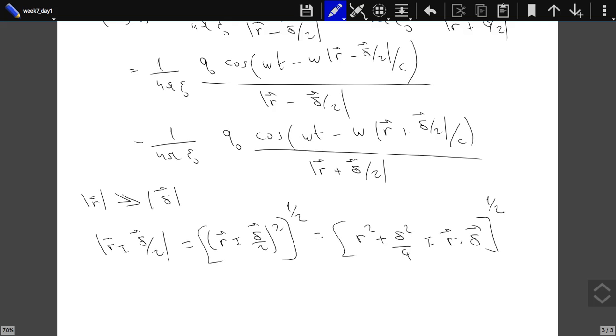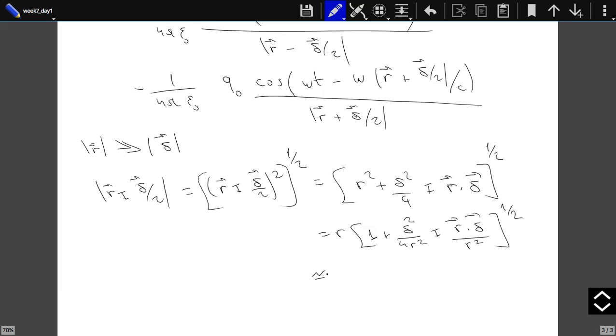And keep in mind that delta is very small compared to R, so we can write it straight away as R times (1 + delta squared over 4R squared ± R dot delta over R squared) to the power 1/2. So this number and this number are very small numbers, and for very small numbers, I can just use the Taylor expansion.